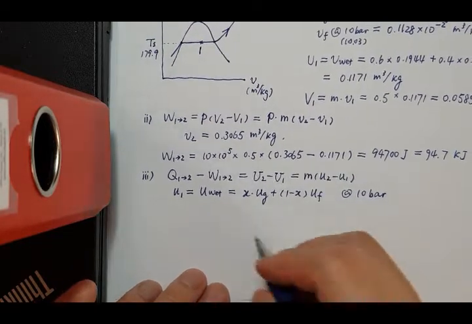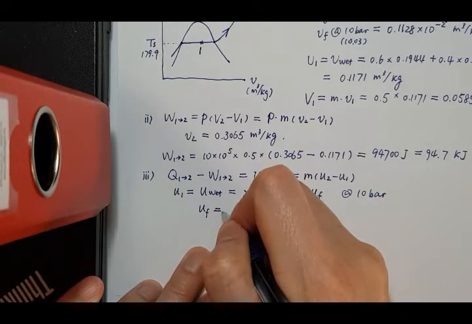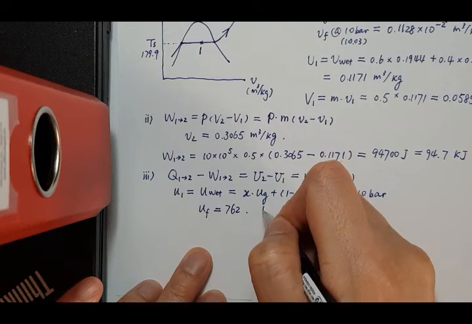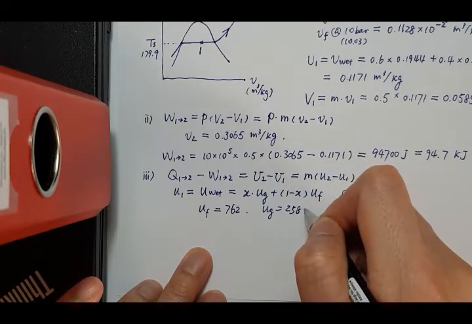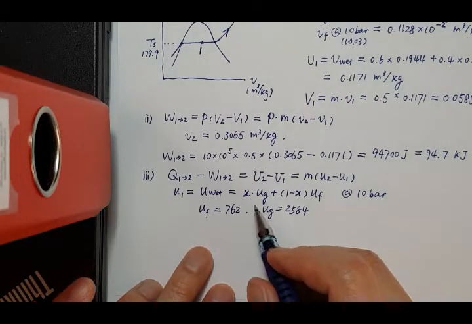Then we just write them down: uf is 762, ug is 2584, and then we know the x, right?